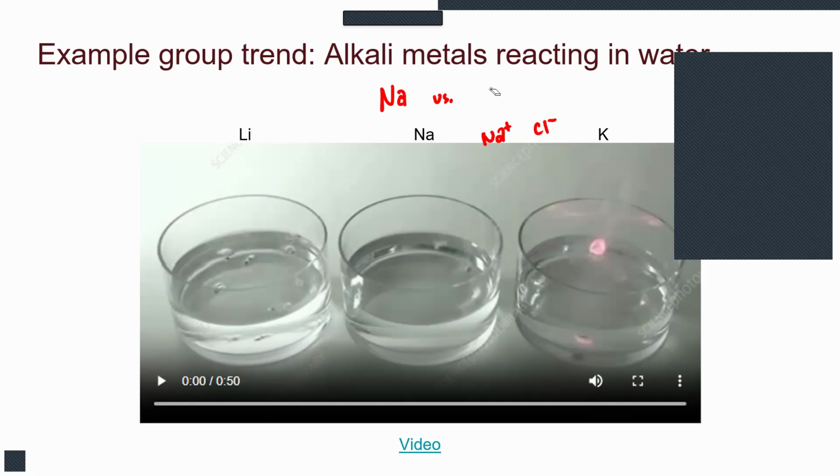Okay, now with that in mind, give me a number if you think that Na and Na plus are the same, or give me a letter if you think, wait a minute, one of them has a plus and one of them doesn't, I think they're different. Give me a letter if you think they're different, or a number if you think, yeah, they're absolutely the same despite that. You're right. They are different.